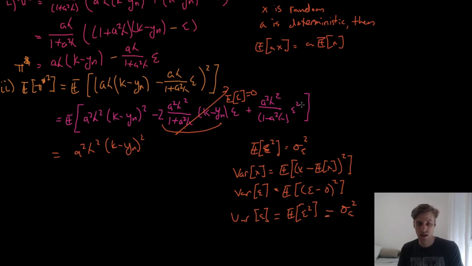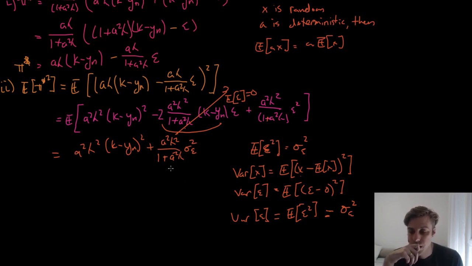So that's how we get sigma squared here. So we're going to end up with this plus a squared lambda squared over 1. I wrote a minus here, that should be a plus, right? Yeah, 1 plus a squared lambda sigma squared epsilon.